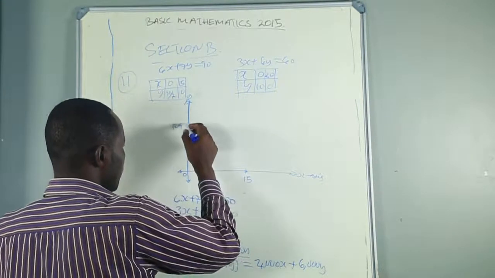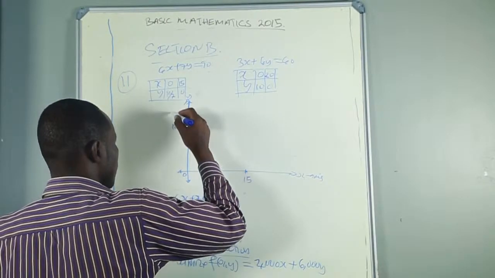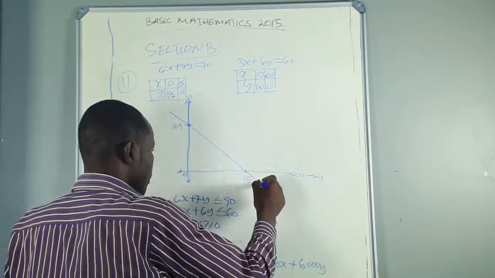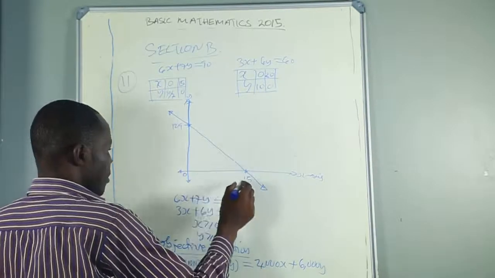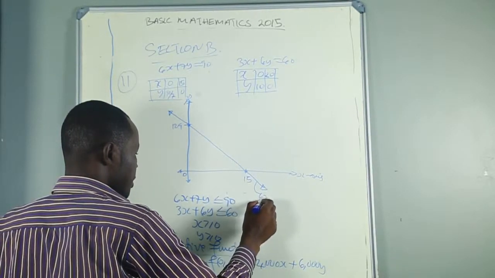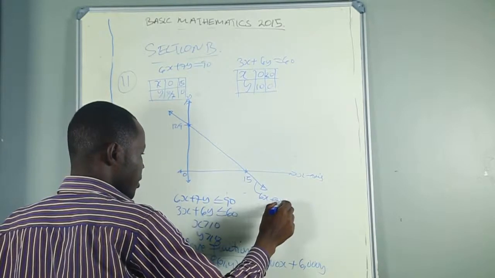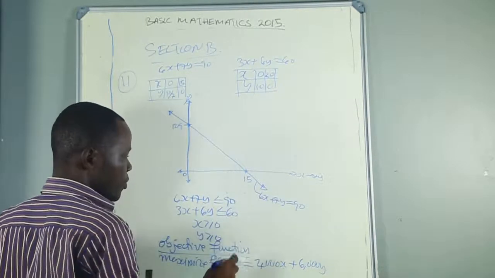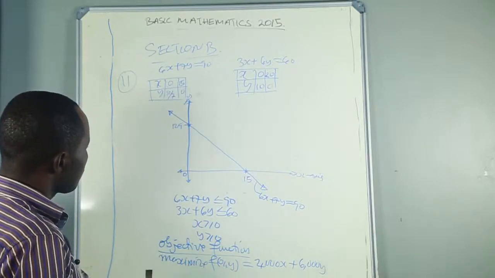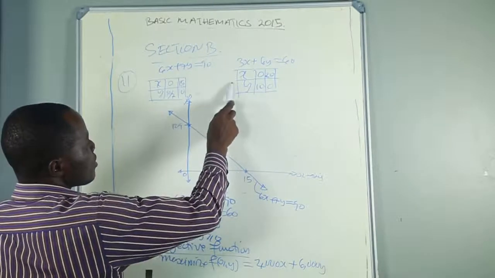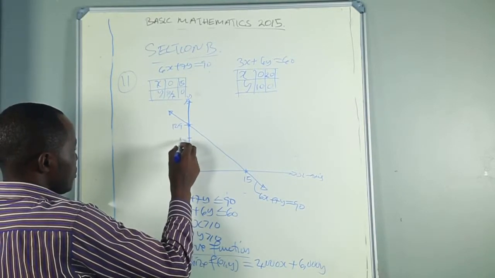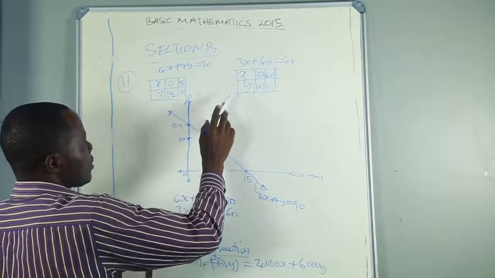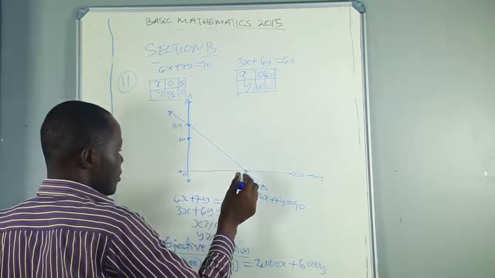Then we join the two points using a straight line. This equation is 6x plus 7y equal to 90. We put an equal sign. The second one is when x is 0, y is 10, somewhere here, and when x is 20, y is 0.